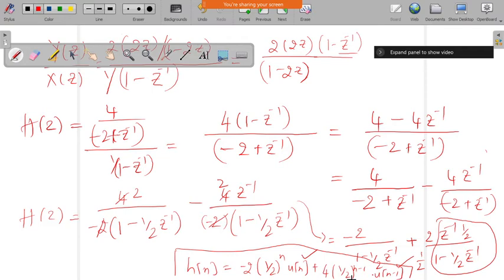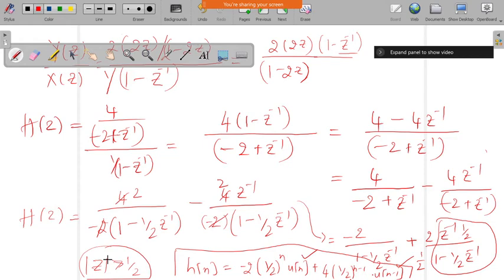Okay, so now you need to check the stability, whether the ROC includes the unit circle. You can see here this is your H of Z. For both the cases, Z is greater than half.